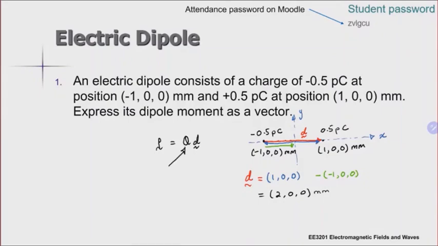Q is simply 5 picocoulombs. This is 5 times 10 to the minus 12 coulombs.